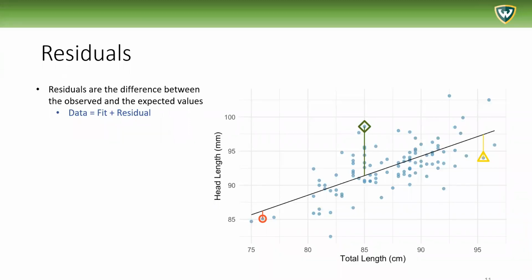Residuals. Residuals are the difference between the observed and the expected values as modeled in the line equation. So we can think about it as the data equals the fit plus the residuals. And the fit is the linear equation.